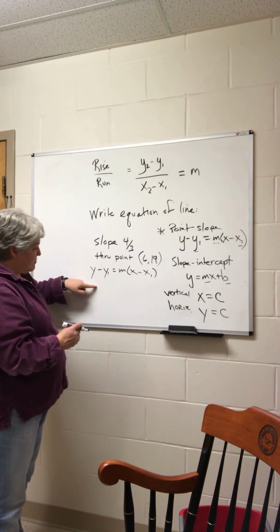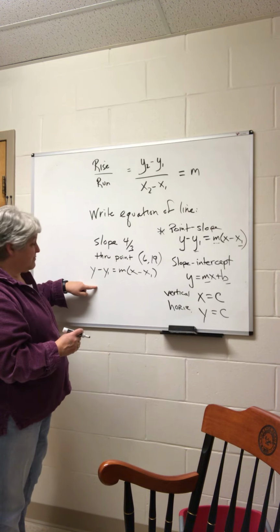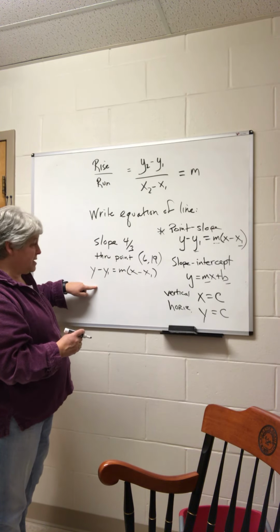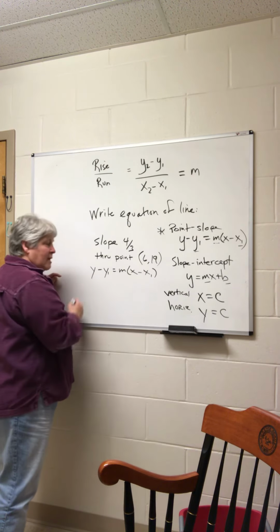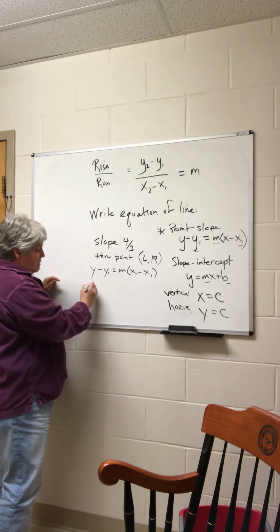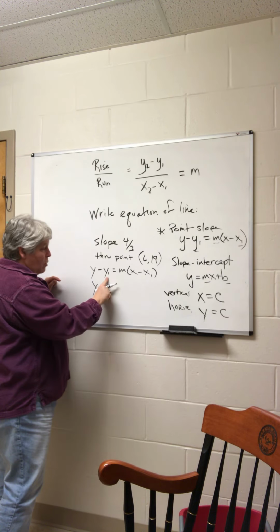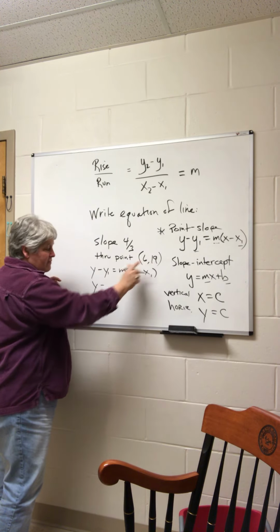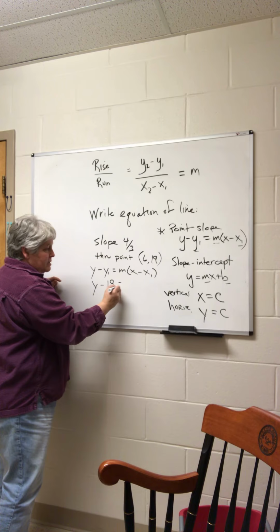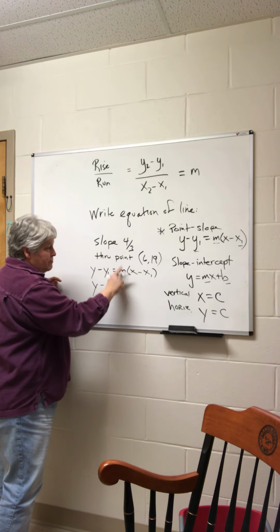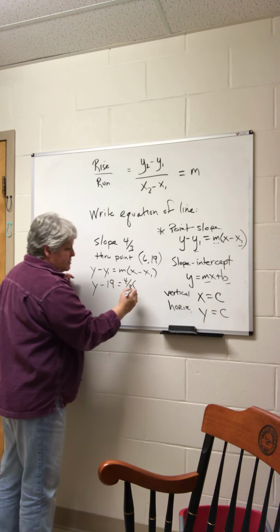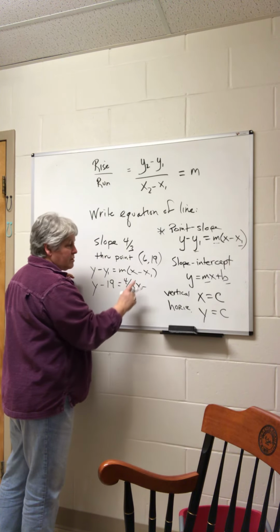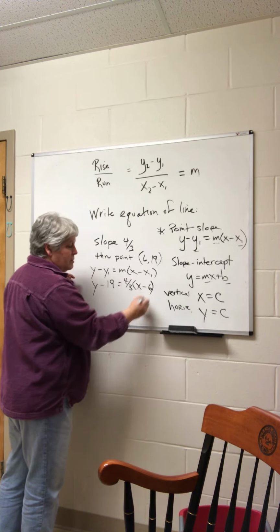Most people go right to the equation if they are comfortable with this, but in the beginning, if you're feeling a little like you're on shaky ground, actually take the time to write the formula. And now it's y minus the y coordinate of the point that I have is equal to the slope times x minus the x coordinate of that very same point.